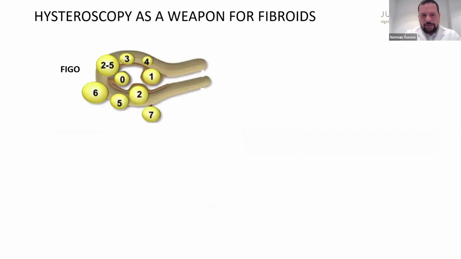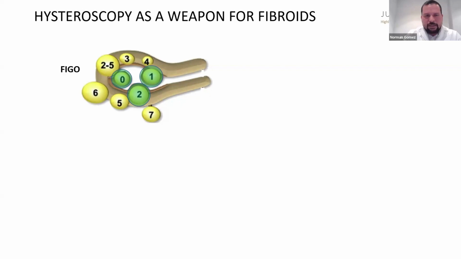So we need to have clear points about the indication of hysteroscopy in the approach to fibroids. So the FIGO established a nomenclature about the disorders related to the uterine cavity, such as the submucosal fibroid. Specifically, the type 1 and type 2 fibroids are the most typical fibroids that we can approach by hysteroscopic procedures.